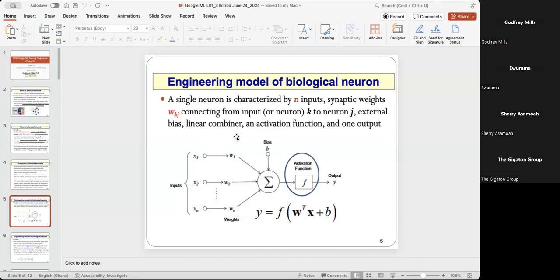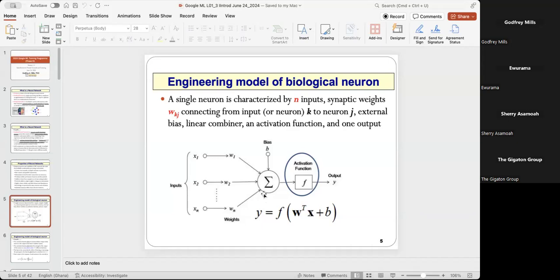See what I have here, I have inputs S1, S2, S3, on and on. These are what we call the receptacles that will receive the input information. So the neuron will have input that will come to it, and it will perform two basic operations.